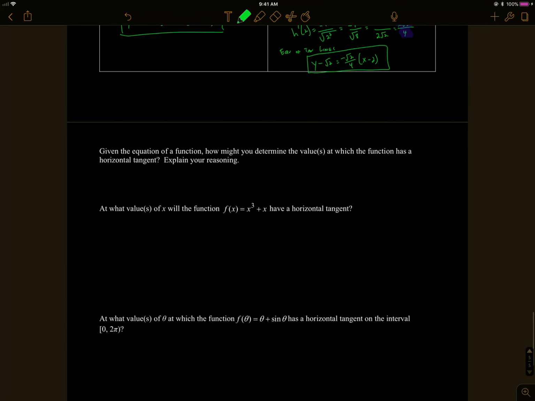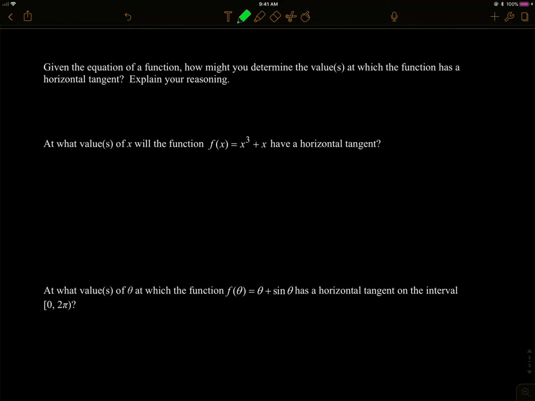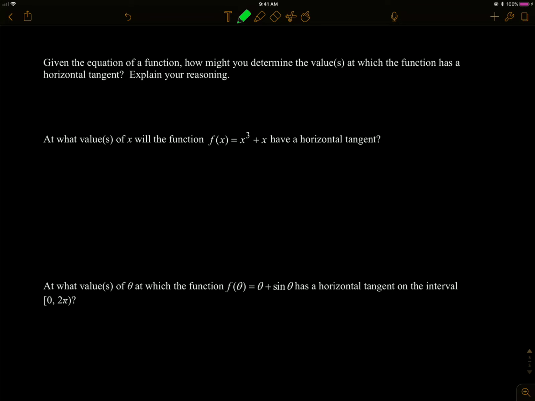Let's do 2 more problems where we're going to review a little bit of other stuff from this unit. Given the equation of a function, how might you determine the values at which the function has a horizontal tangent line?